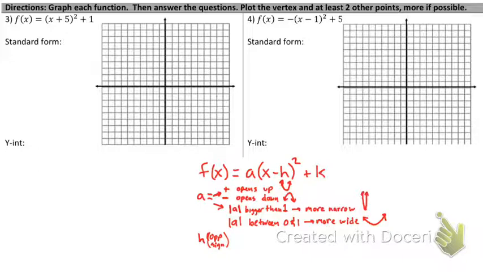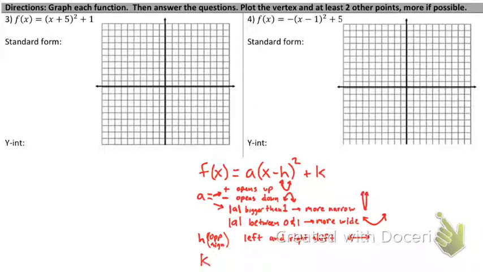What does it control? So the H value controls left and right shift. Okay, so think of it this way. Our H value moves our parabola left and right. Okay, and we'll come back and I'll show you specific examples of these.